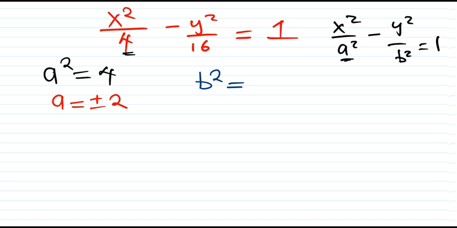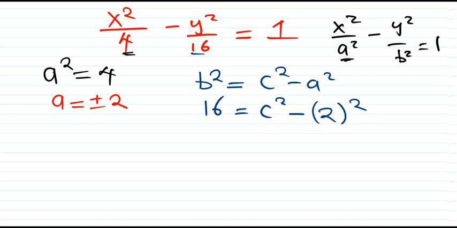Now remember I said your b squared is the same as c squared minus a squared, right? So our b squared is matching up with 16. So we're going to have 16 is equal to c squared minus a squared. Our a, whether taken as positive or negative, is still going to end up positive after we square it. So ideally a squared in itself is just equal to 4, as we can see.